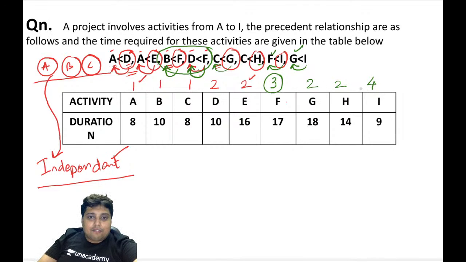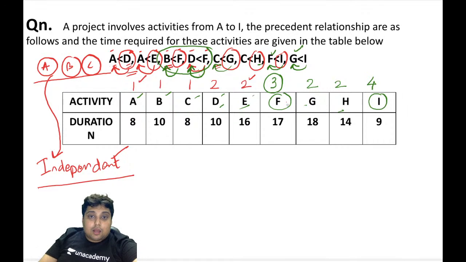So we have now ranked all the activities. As you can see, we have three activities that have first rank. Then we have four activities D, E, G and H that have second rank. And we have F that has third rank, and I that has fourth rank.